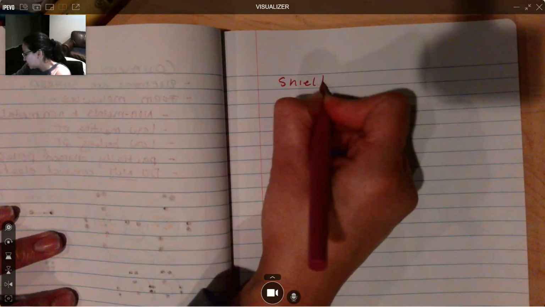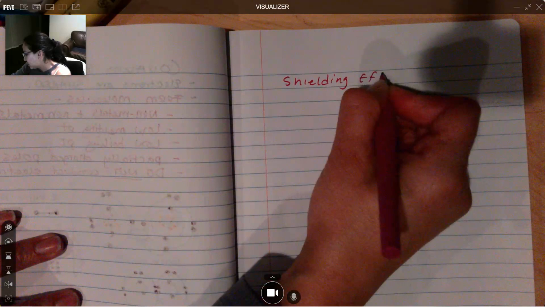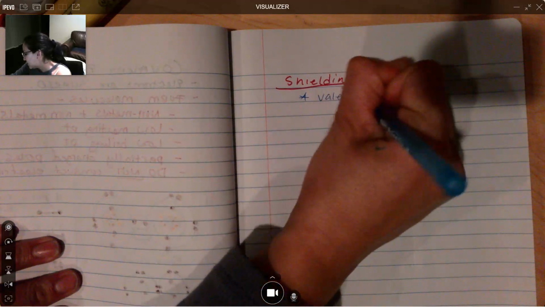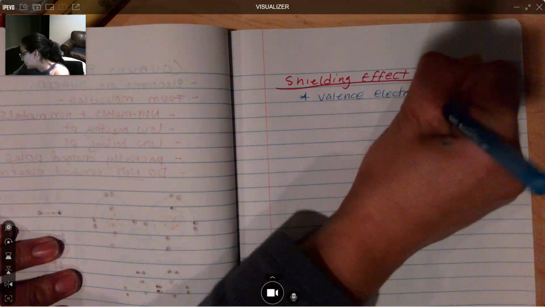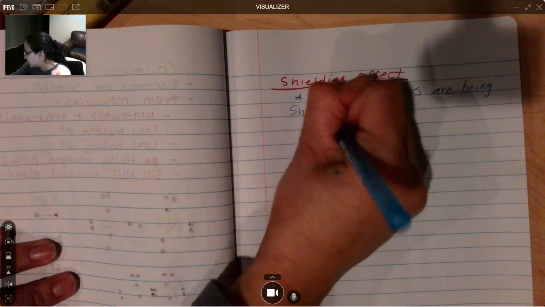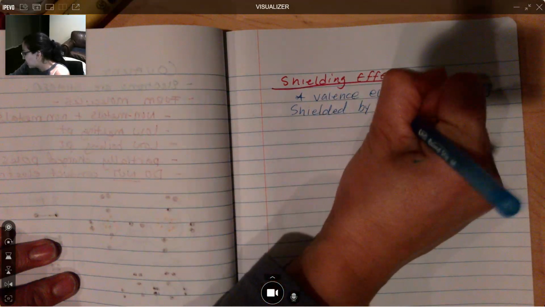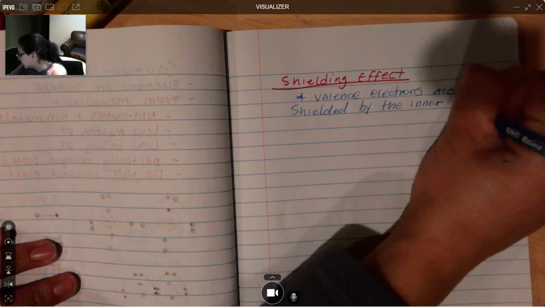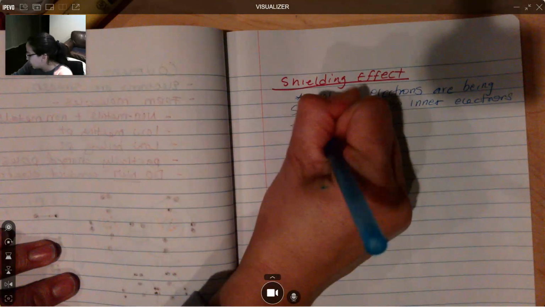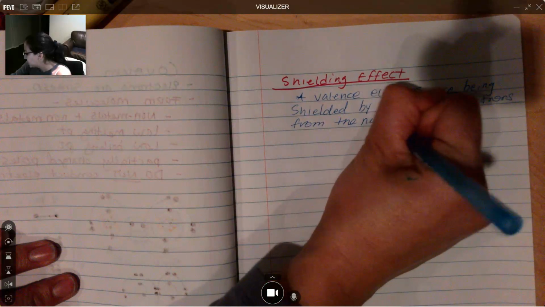Okay, so shielding effect, there's not a lot to it. It basically means that the valence electrons are being shielded by the inner electrons from the nucleus.